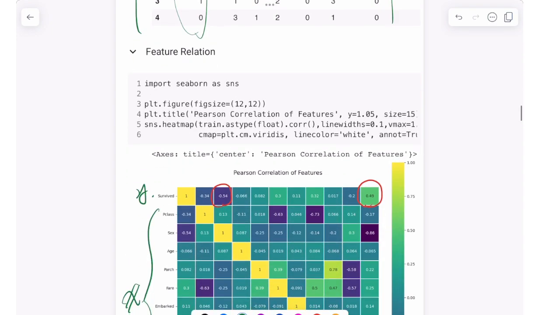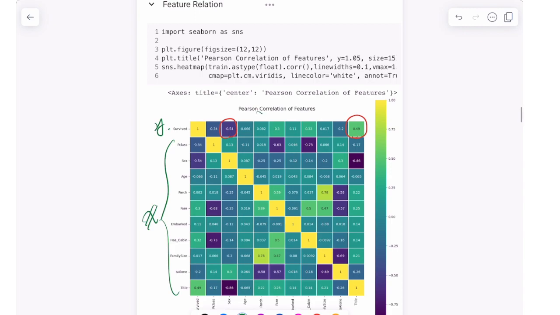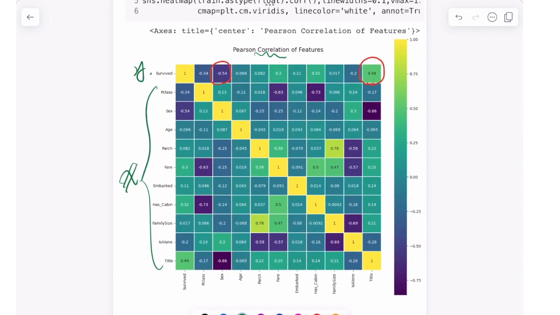So I simply take a look at the correlation of the features. You can look at this one: that is the y value, which is survival. We can see that there are two features, the title and the sex, that have higher correlation.